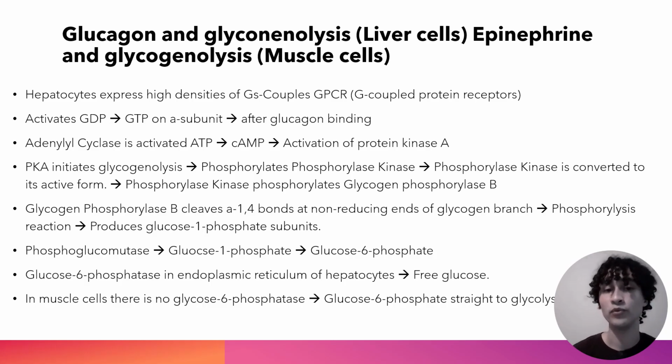We'll look at how glycogenolysis is regulated in muscle cells later, but just be aware there are slight differences in the way glycogenolysis happens in muscle cells and liver cells. And in our fat cells, we're not really going to be talking about that today, but glycogenolysis is really important because it allows those cells to have access to glycerol.